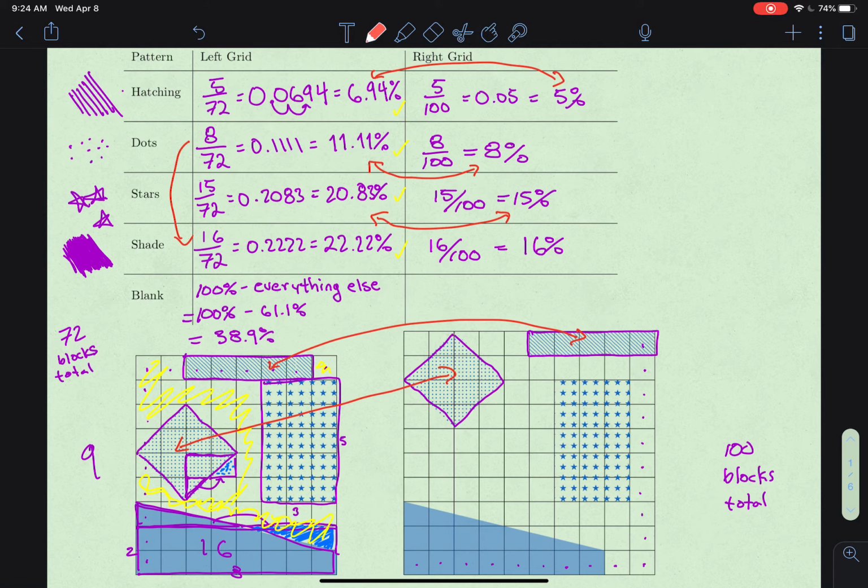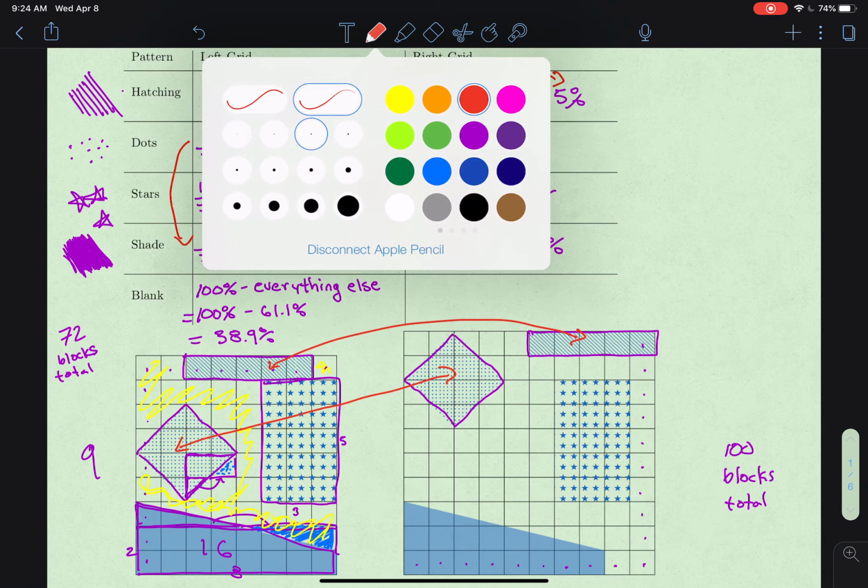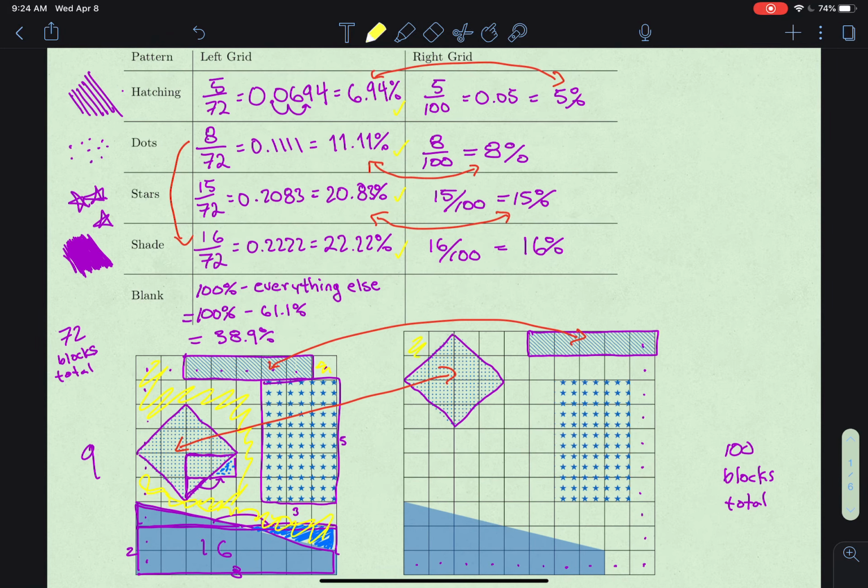Now think if that's going to be true for the calculation for what percent is covered by blank. So we're talking about what percent of the whole is represented by this bit in yellow. And just by looking at it, it looks like there's a higher percentage that is covered in yellow on the grid on the right.